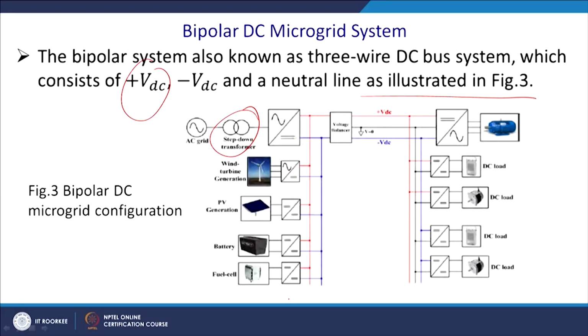You have a bipolar arrangement, and in between you generally ground it. So, this will be your plus VDC, this will be your high voltage and this your low voltage, and this potential will be 0, and you will have a bipolar line.